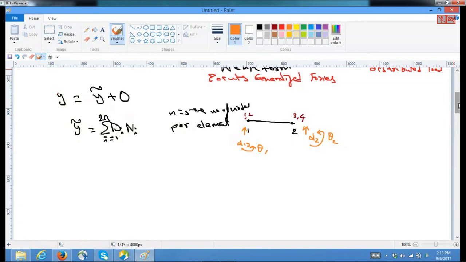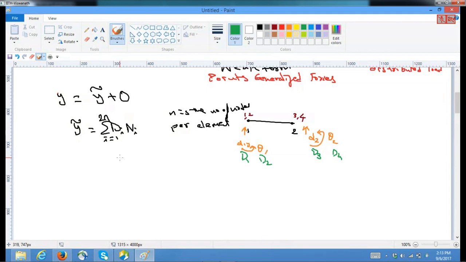Synonymously, I would also use d1 theta 1 d2 theta 2, or alternatively capital D1, capital D2, capital D3, capital D4, and the corresponding shape functions have also been obtained previously.